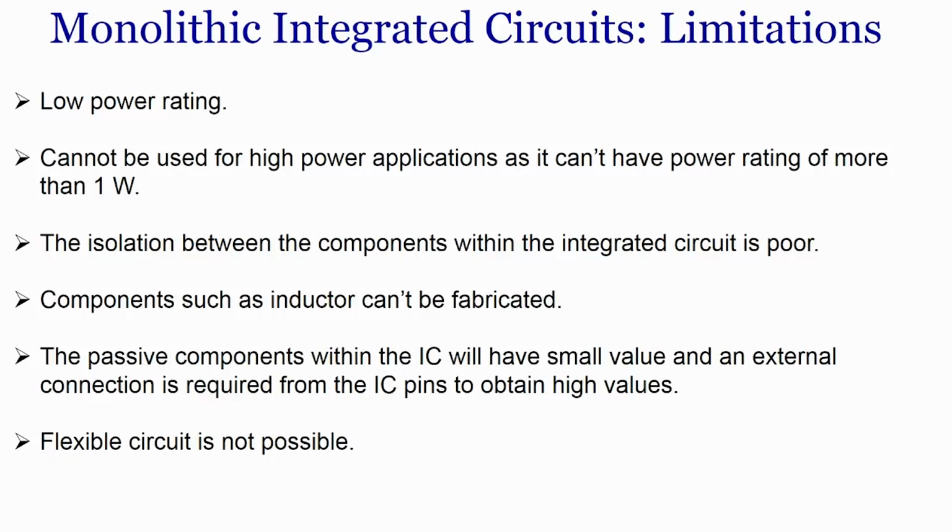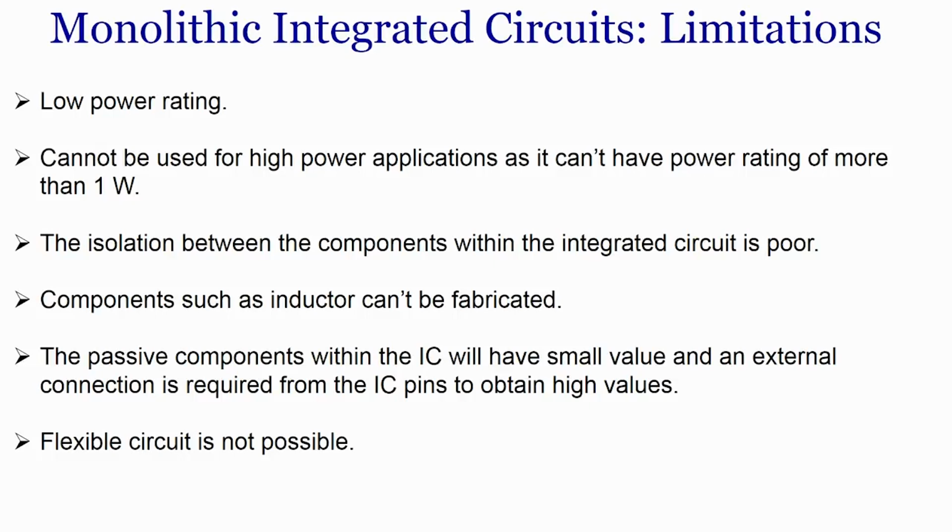And what are the limitations for monolithic integrated circuits? One, low power rating, that means it cannot be used for high power applications; it cannot have a power rating of more than 1 watt. What is the next limitation?